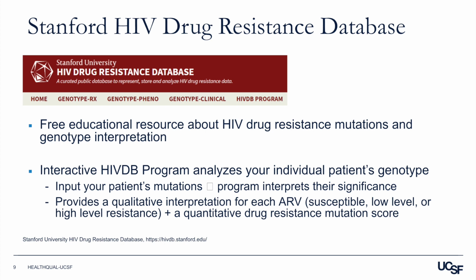And there's an interactive program where you basically just plug in the mutations from your patient's genotype, and it will give you an interpretation. There's both a qualitative interpretation where they will tell you whether or not it's resistant or susceptible. And then there's a mutation score. And we'll go through this in detail in a future slide because we're going to use this program to analyze this particular patient.